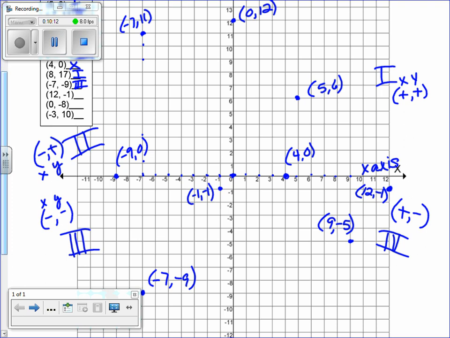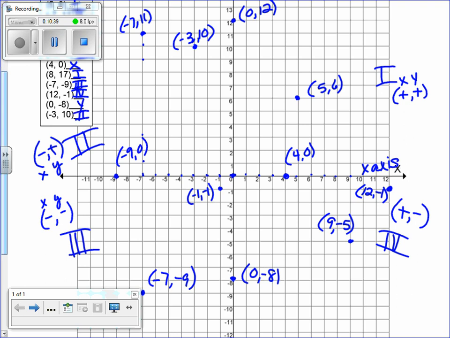That's quadrant 4. 0, down to 8. And that's on the y-axis. And negative 3 up to 10. That's a comma in between those, and that's going to be in quadrant 2.